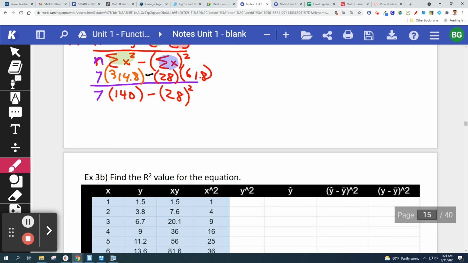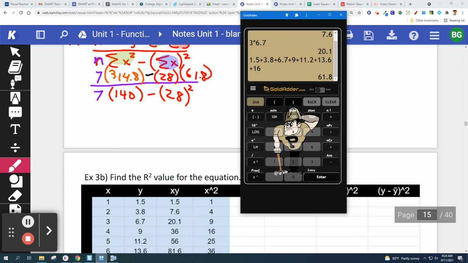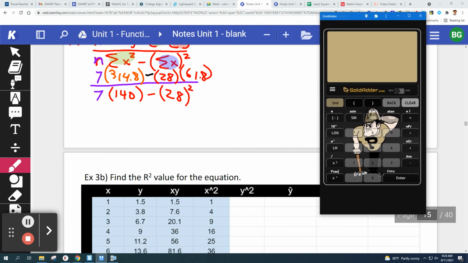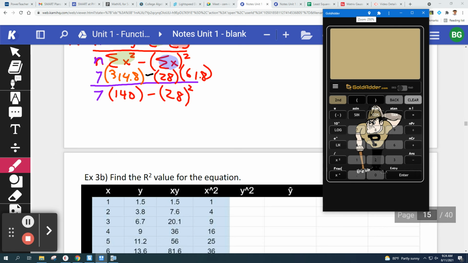So let's just look at the top. We've all got calculators. I don't do something this complicated on an iPhone app. I want 7 times parentheses 314.8 minus 28 times 61.8.